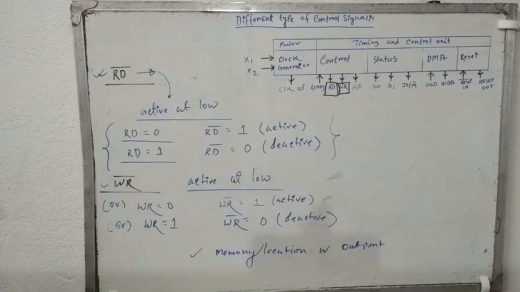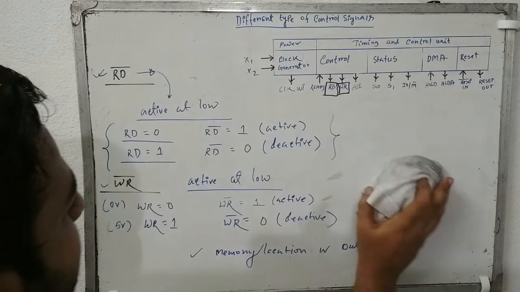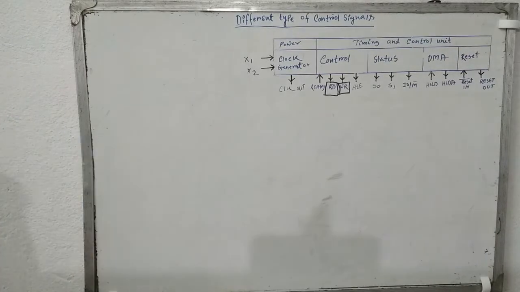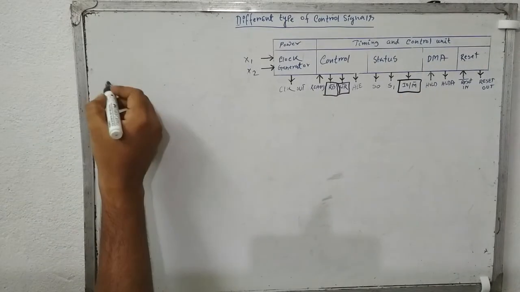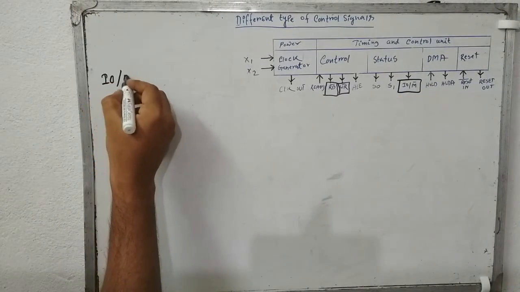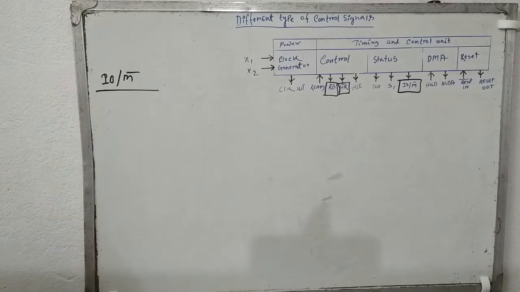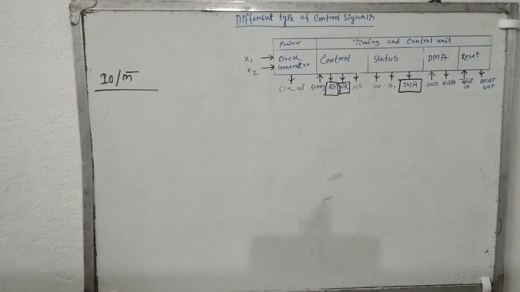Now our next pin is input output or memory. This is our fourth control signal or fourth control pin. So, input output and memory.